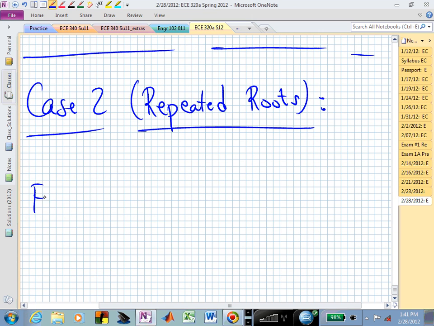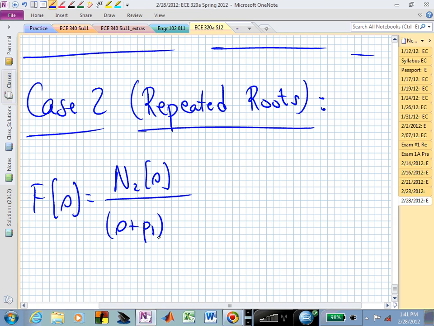If I now have capital F of s equaling, let's say, n sub 2 of s over s plus p1, let's just say squared, and then s plus p sub 3. So I'm basically assuming p sub 2 and p sub 1 are equal. So now I have s plus p1 times s plus p1 times s plus p sub 3. What's my partial fraction expansion going to look like in this case?